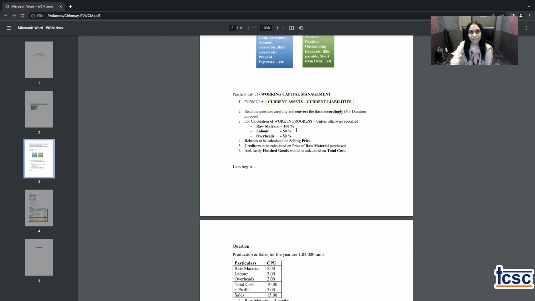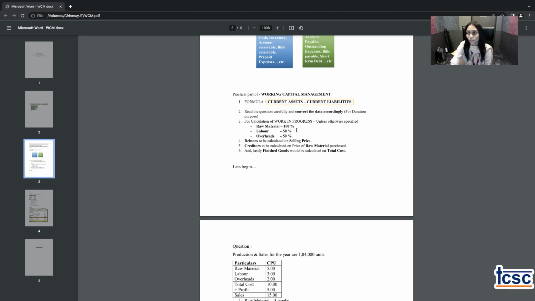Next, debtors and creditors. Students, for debtors and creditors, it's very important to consider only credit sales and credit purchases. Credit sales give rise to debtors, whereas credit purchases give rise to creditors. Now, you need to look at the question.